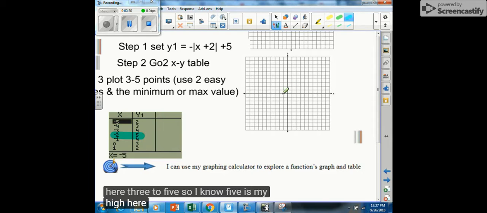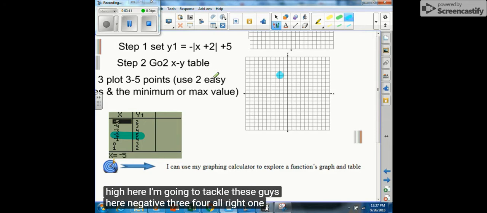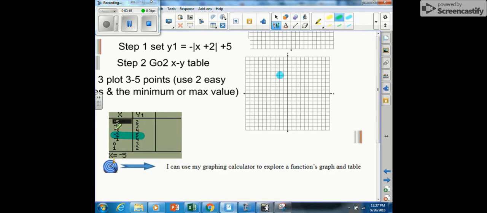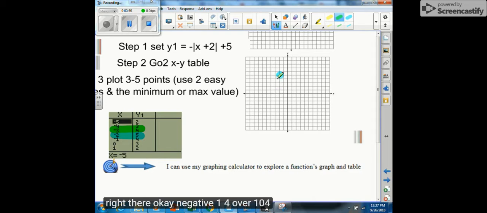Boom. Now I'm going to tackle these guys here. -3, 4. 1, 2, 3. I'm going to go to 4. 1, 2, 3, 4. Put there. -1, 4. Over 1, a 4.